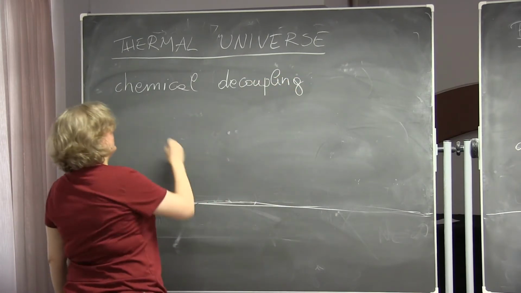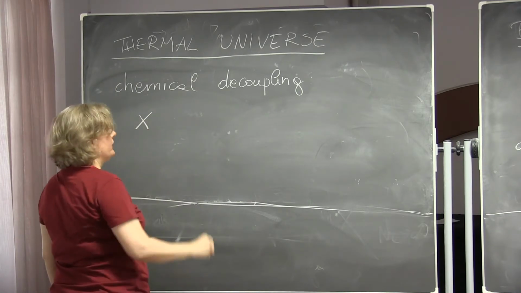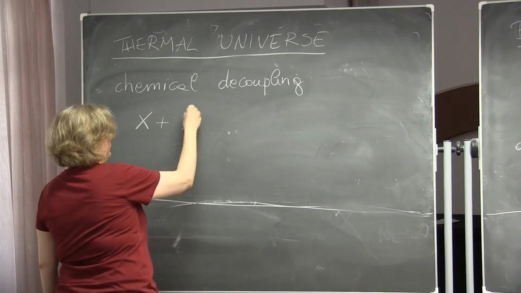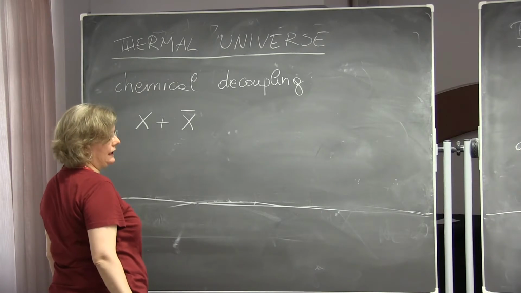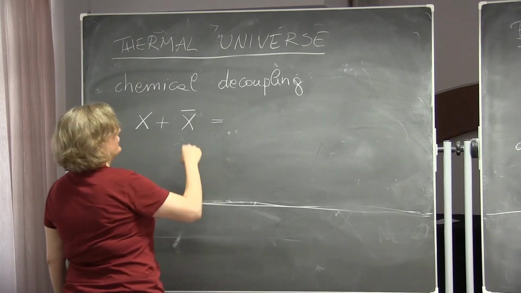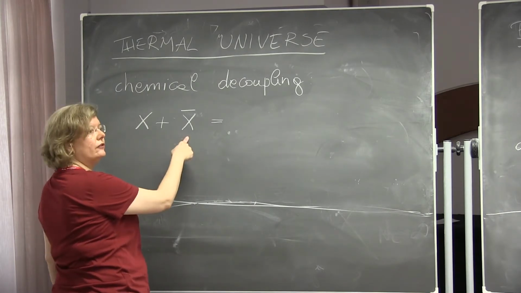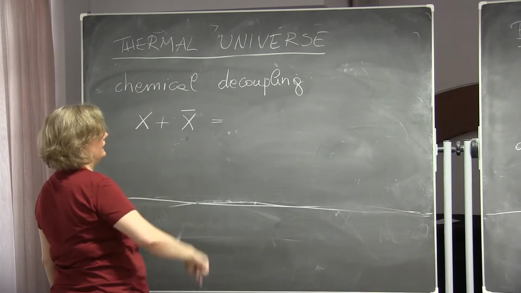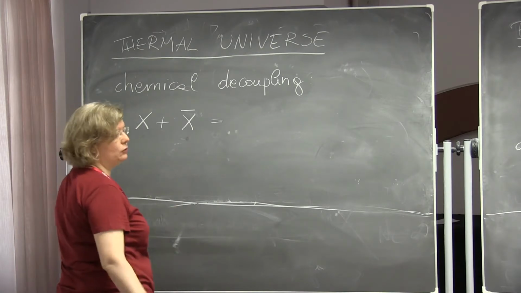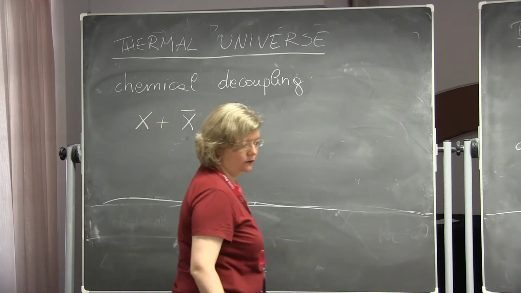So I have a particle X. I suppose it has some kind of conserved charge or whatever, so that it cannot decay. And the only process you can have, changing the number of particles, is the annihilation of the particle with its antiparticle, or, if it is a Majorana particle, with its own antiparticle.